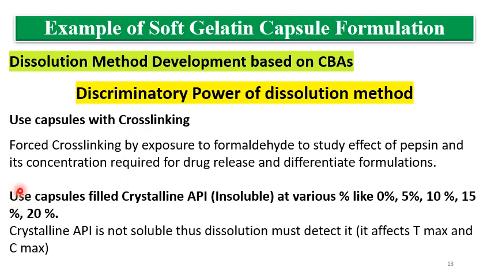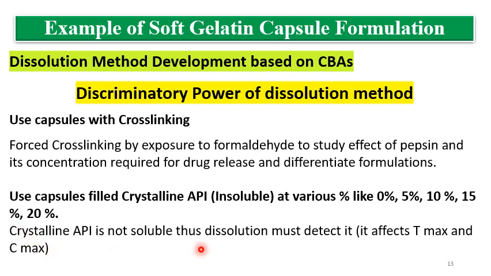Then we have identified the CBA like crystalline API presence. So use the capsule filled with the crystalline API, which is insoluble, at various concentrations like 0%, 5%, 10%, 15% and 20%. See here, 0% is the target, and if we vary the presence of this crystalline API, then it should reflect in the dissolution.